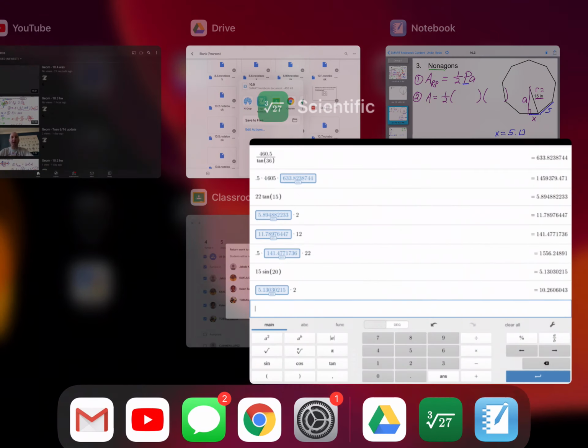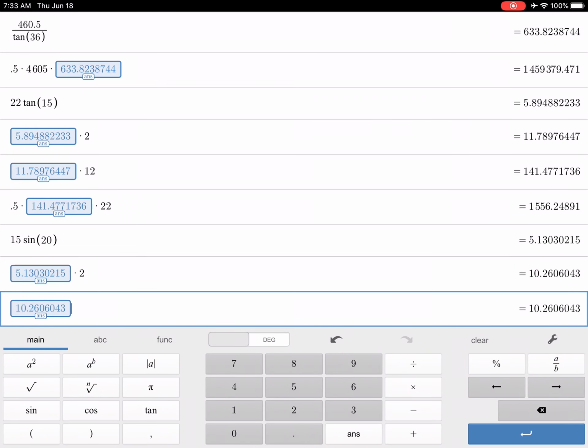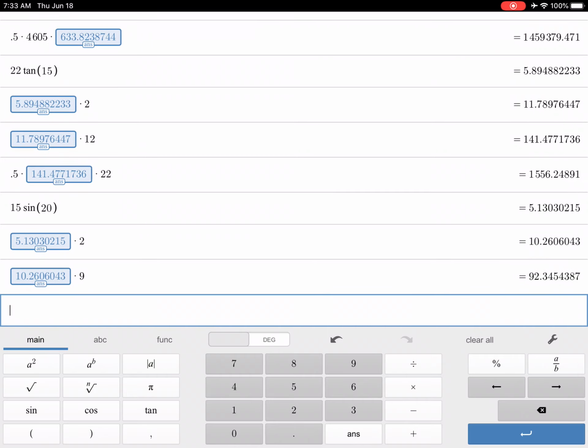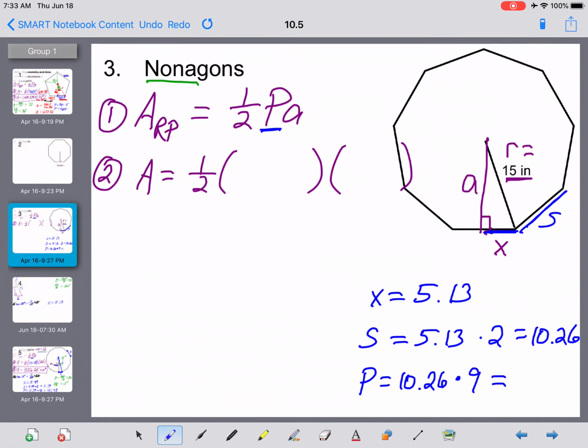So I will take my last answer here, the 10.26, unrounded though, multiply that by 9, and get this pretty accurate answer of 92.35. 92.35 for the perimeter. So now we know P, and we'll write that number right below it, 92.35. Okay, we now need to find the apothem.